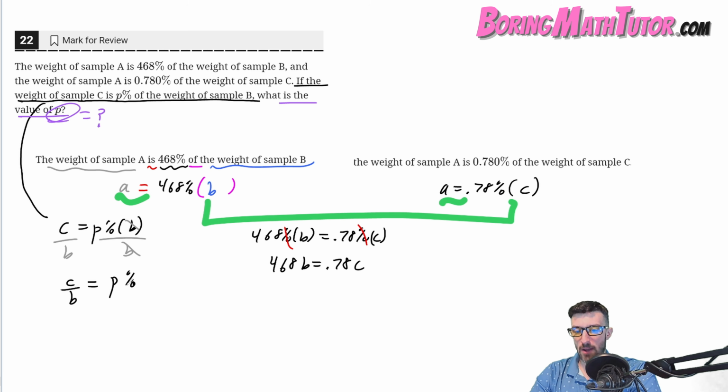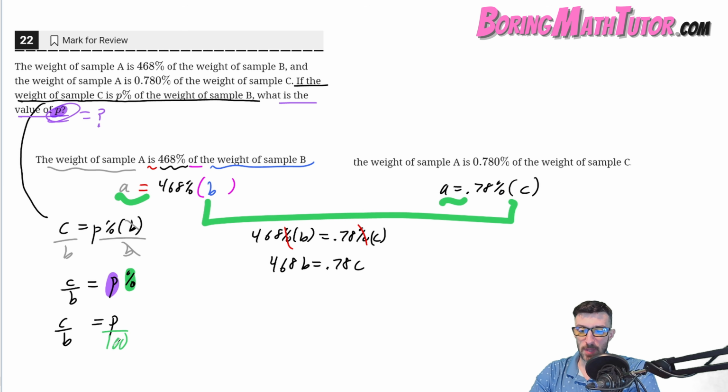But now I need to only get P on its own. They only wanted P. They didn't say they want P%. They just want P. So I need to change this into being P over 100. That's what a percent symbol can always be swapped out for.